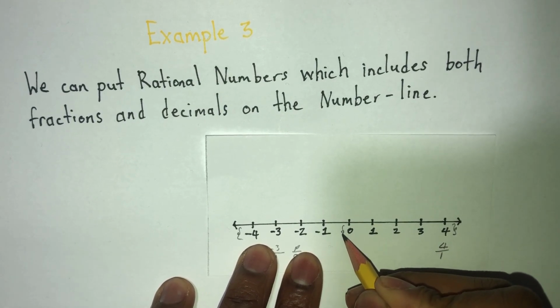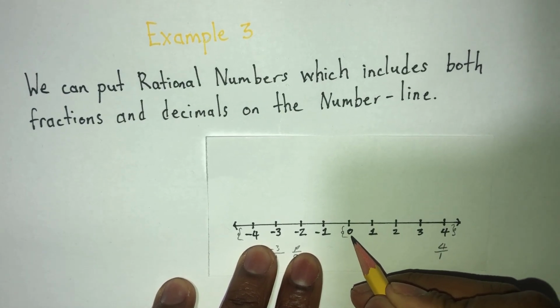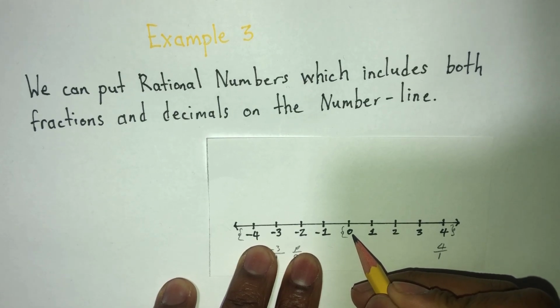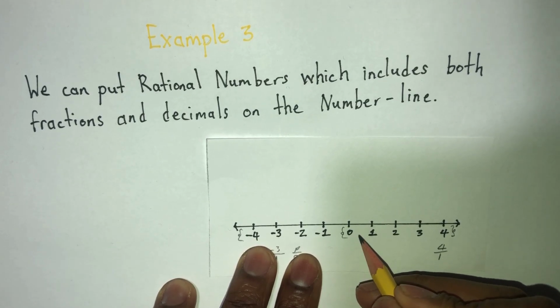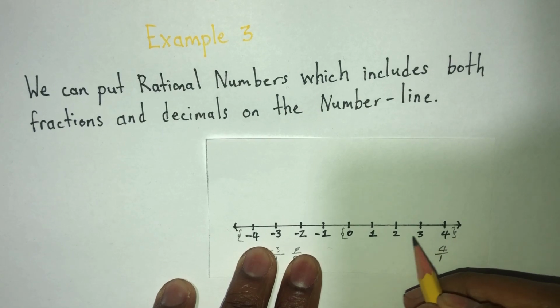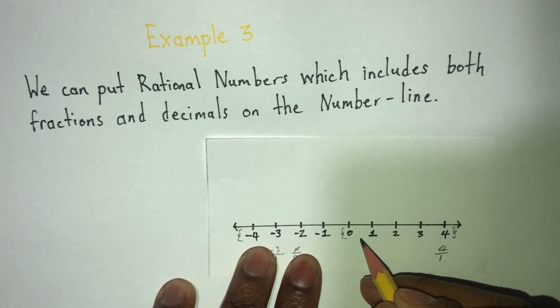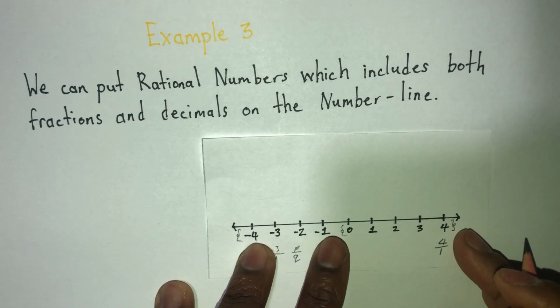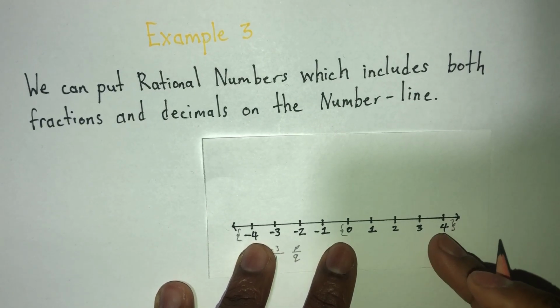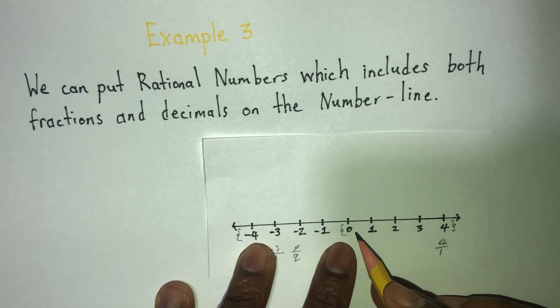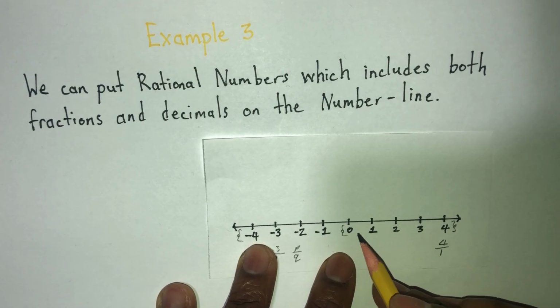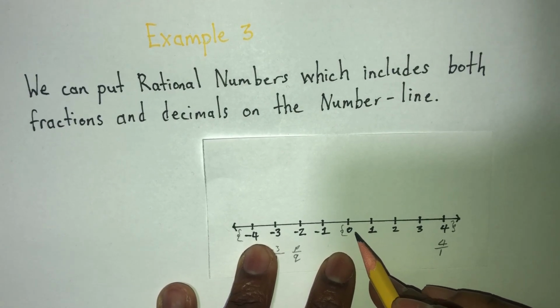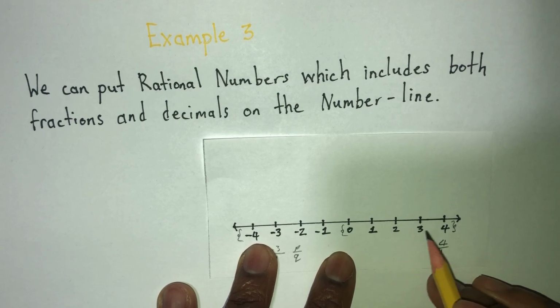So here we know that the set of whole numbers includes 0, and it goes on to infinity. The numbers that we have displayed here end at 4, so the set of whole numbers that we have here is 0, 1, 2, 3, 4.